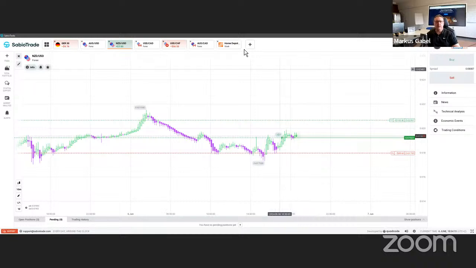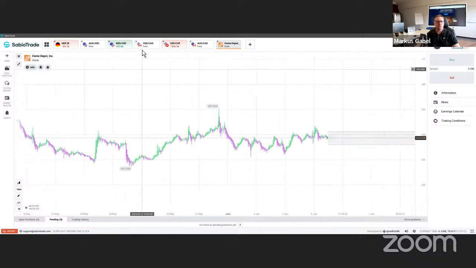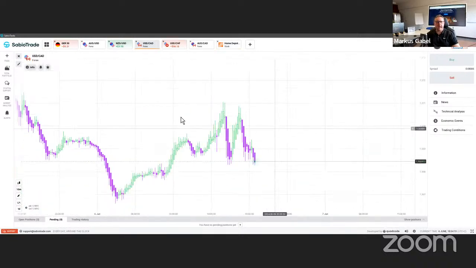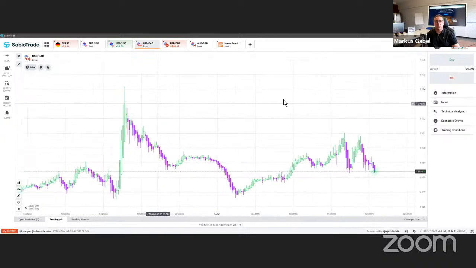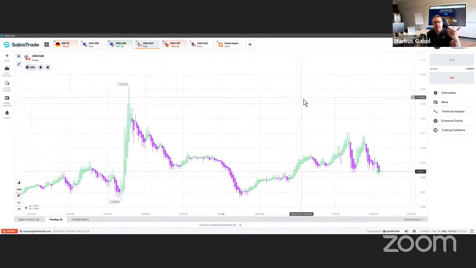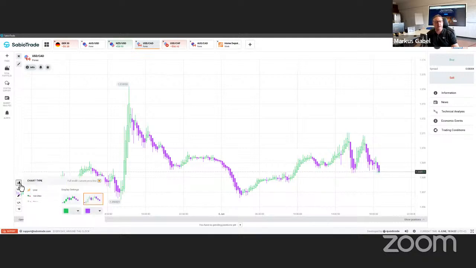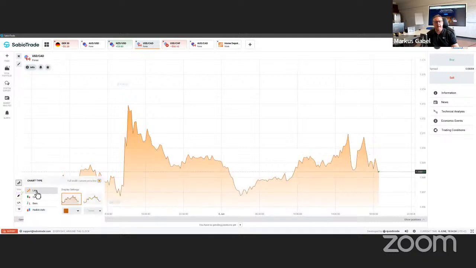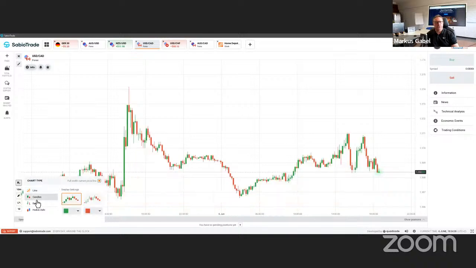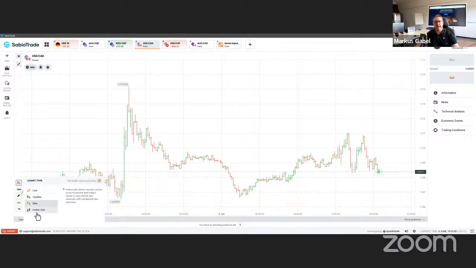So first of all, let's take any chart, whatever there is. Now in the chart, you can see here is Heikin-Ashi. You will find it on the chart type on the left side in SabioTrade, and you can switch between lines, candles, bars, and Heikin-Ashi.